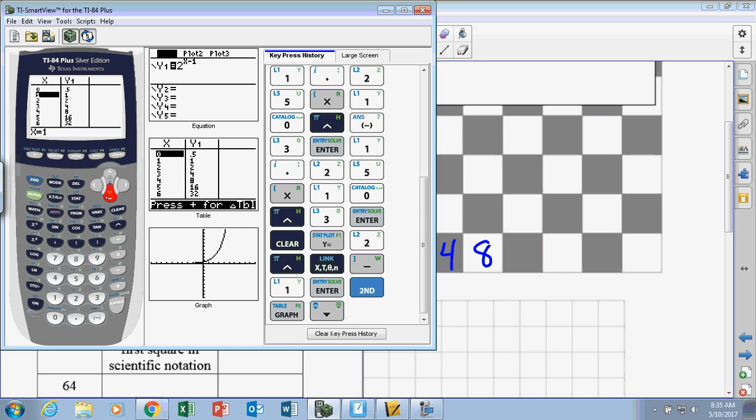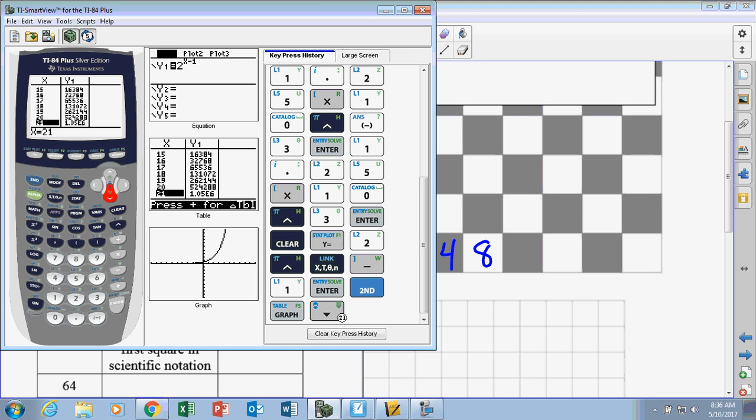Just start scrolling down until you see 1 million. See 1 million yet? There's 100,000s. The 21st square, because they're saying 6 decimal places, so that's basically 1,050,000. So what square is that?